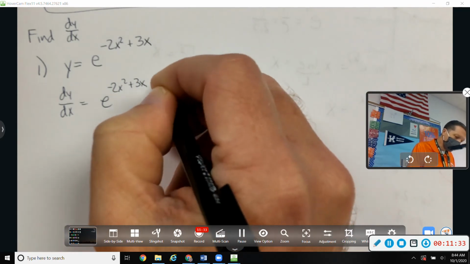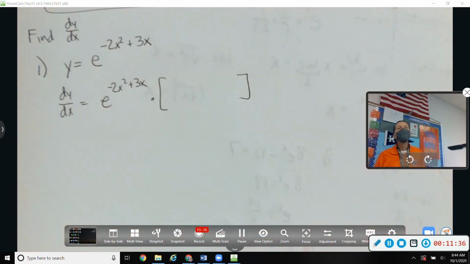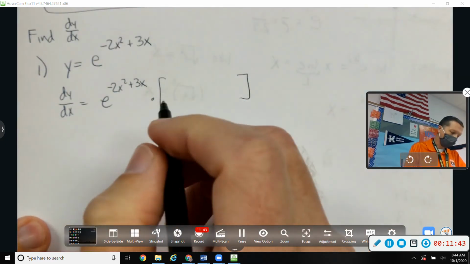Chain rule, though, times the derivative of that thing. Make sure you put the derivative in parentheses so all of it gets multiplied, not just whatever the first term would be.